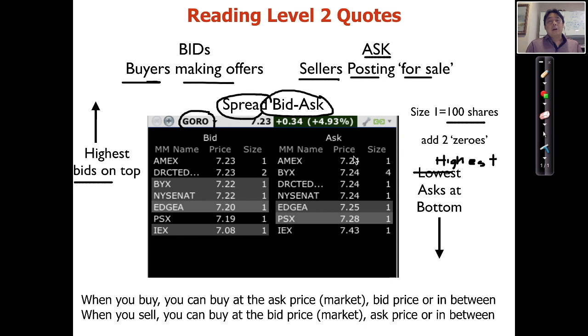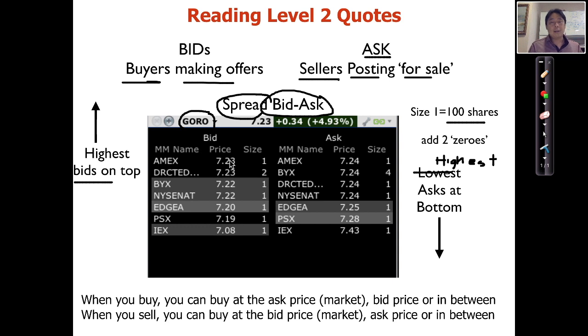Now, if I want to buy, I could also say, you know what, I don't want to pay what they're asking for. I would like to buy at a lower price. So I could put my buy on the bid side. If I say I want to buy not at 724 but at 723, then my order will go on the bid column, and I will join the rest of the buyers while waiting for a seller to sell to me at that price.